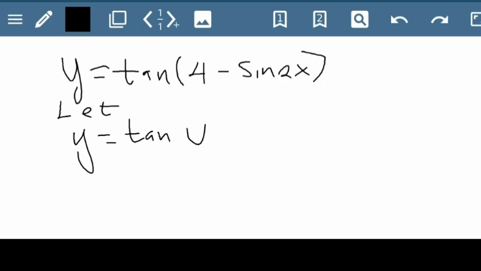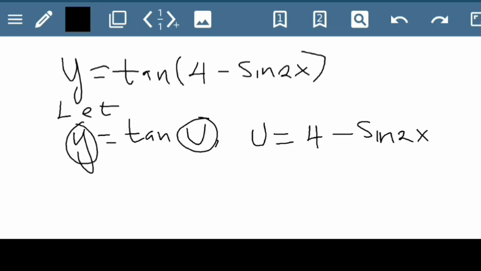Meaning, I'm letting what is inside here being equal to u. So this means that u is equal to 4 minus sine 2x.